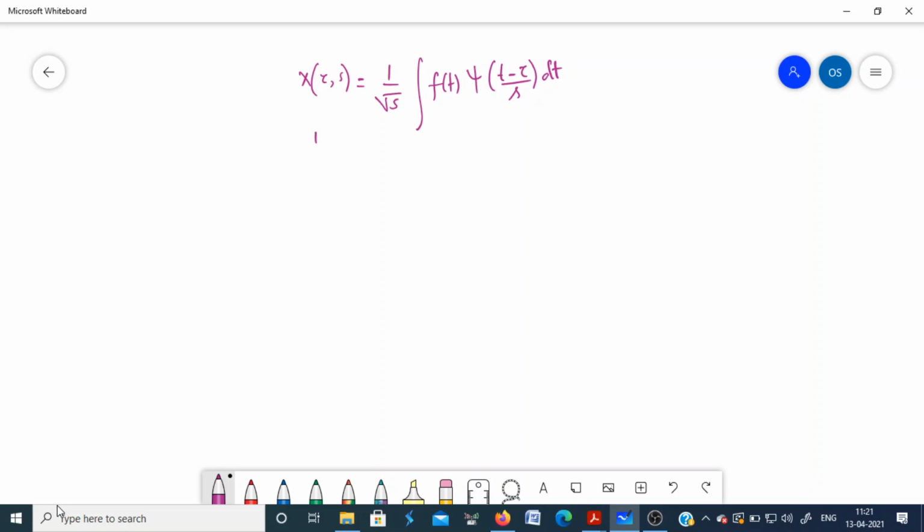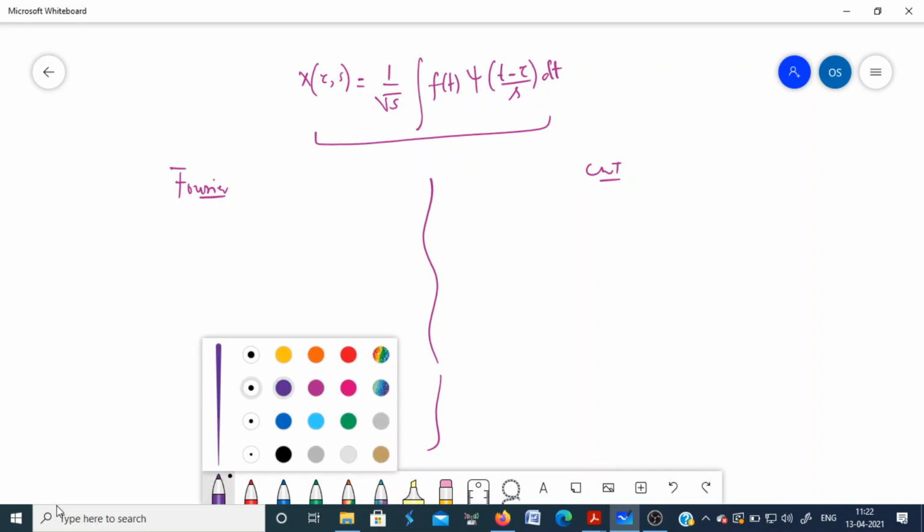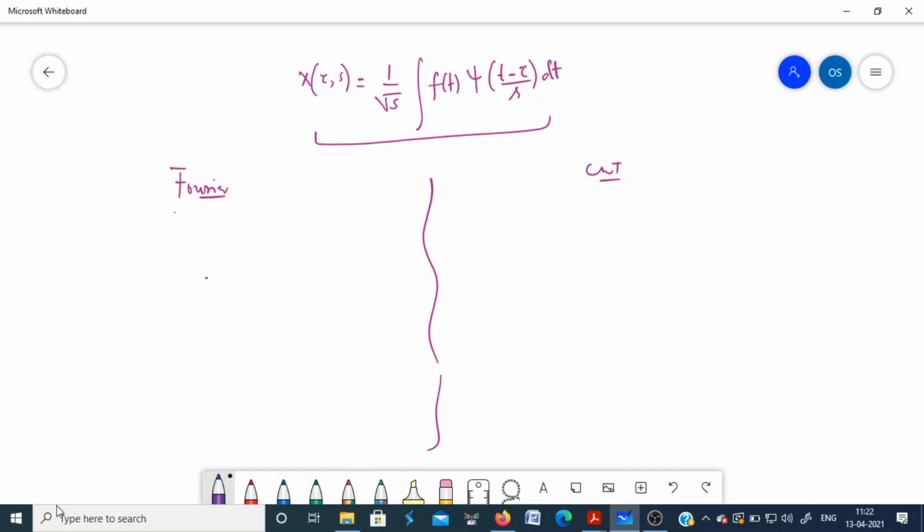Now let us see how you compare this with the Fourier transform. If you compare the Fourier integral and the CWT, in the Fourier transform you have a signal, let us suppose a function f of t, for which you want to compute the Fourier transform.